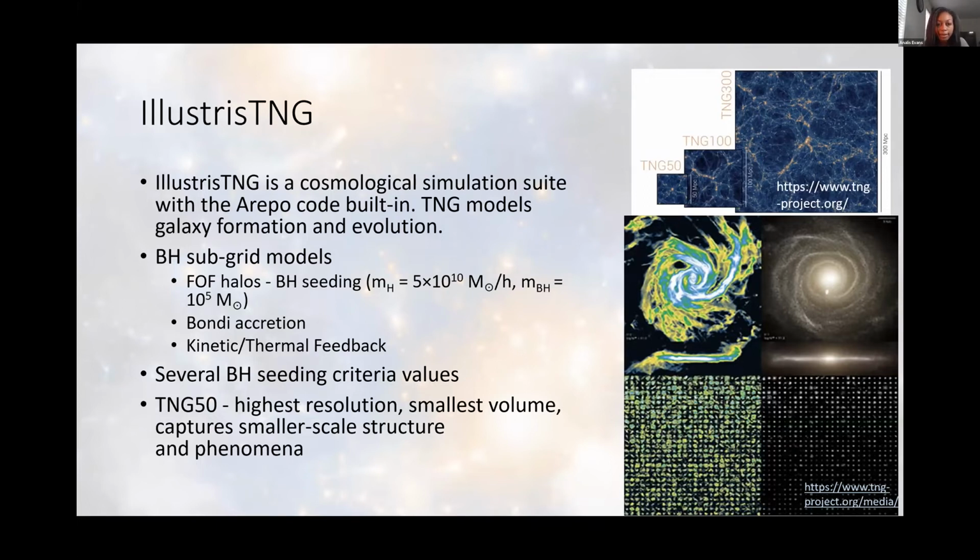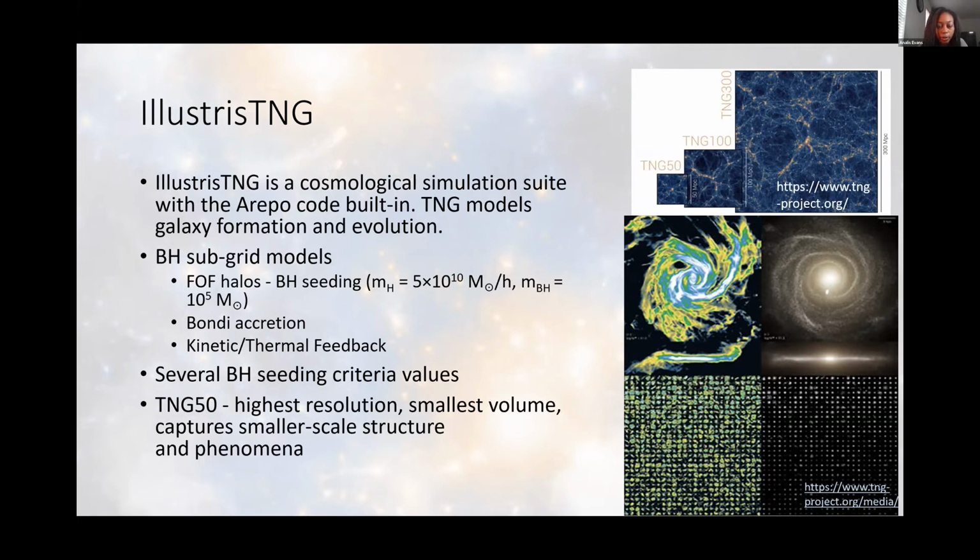TNG models galaxy formation and evolution, reproducing black hole scaling relations as well as other relations. And it also includes several subgrid models, including ones related to black holes. One includes the Friends of Friends Halo Finder.